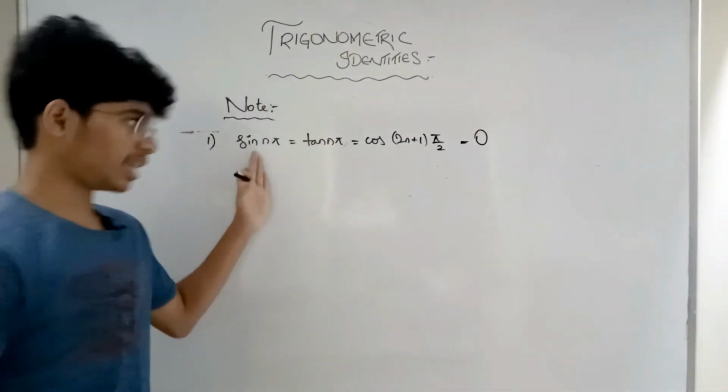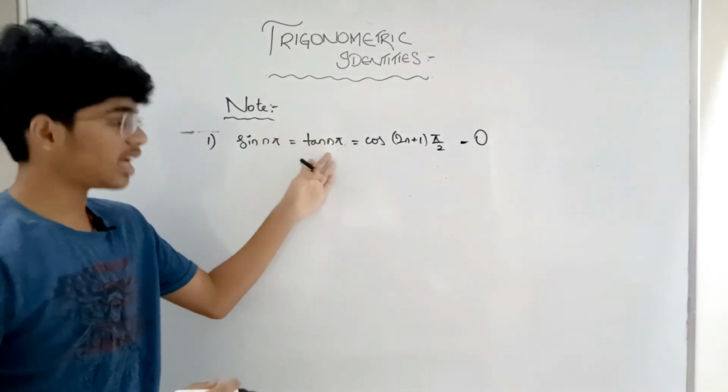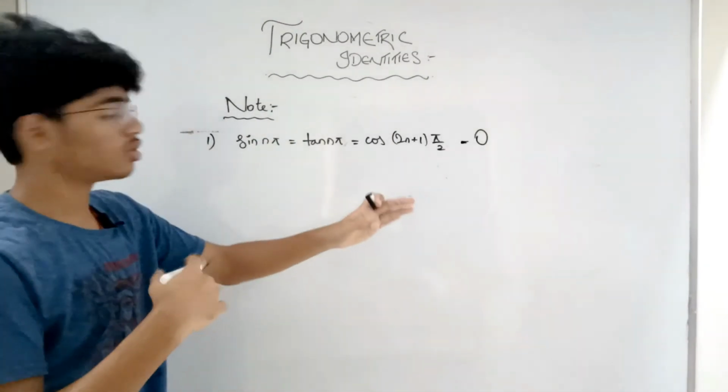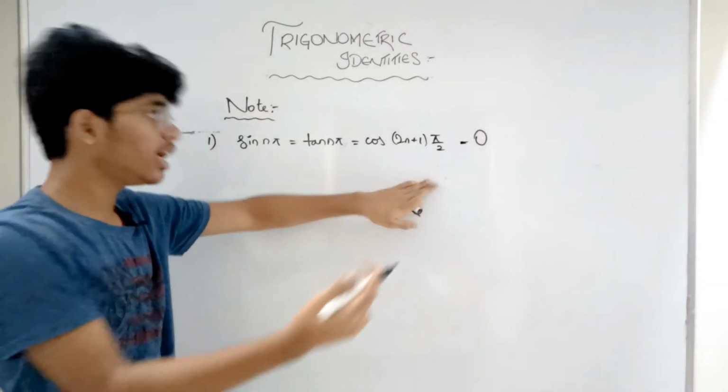We know that sine 0 is 0, sine 180 is 0, sine 360 is 0, and the same with tan 0 is 0, tan 180 is 0, and so on. And this cos 90, cos 270 and so on is also 0.